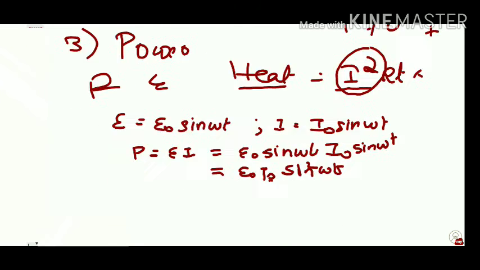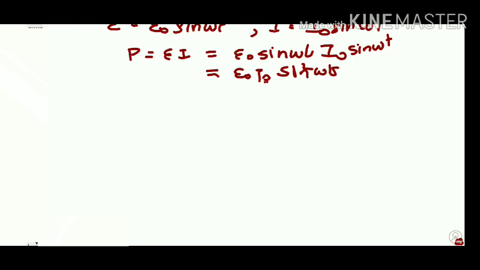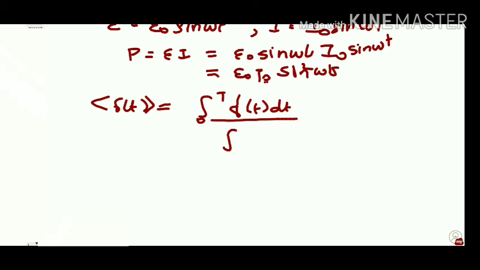You have to take the formula, right? You have been taught the formula for any function f of t. The average is written as integral 0 to T of f of t dt, whole divided by integral 0 to T of dt. Now here my question is the average of power.